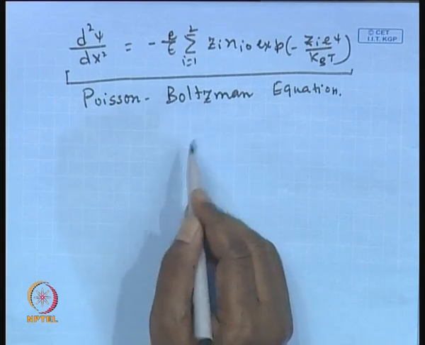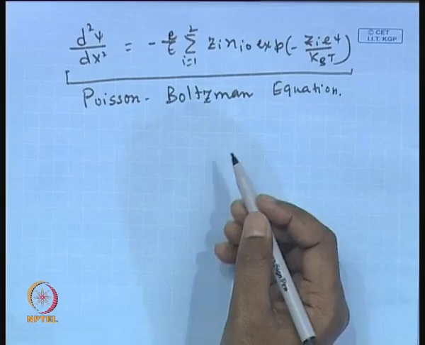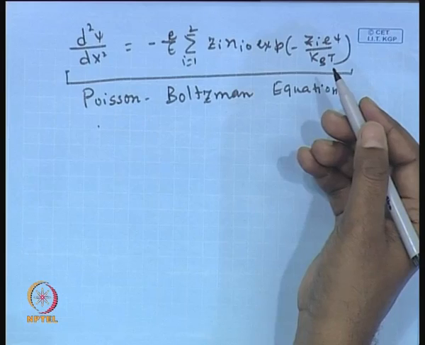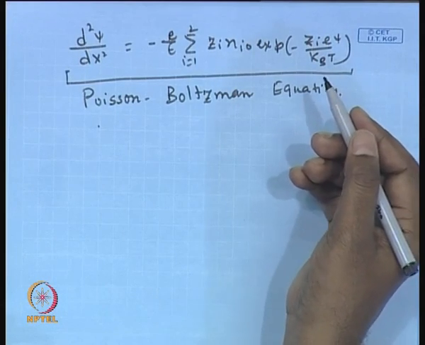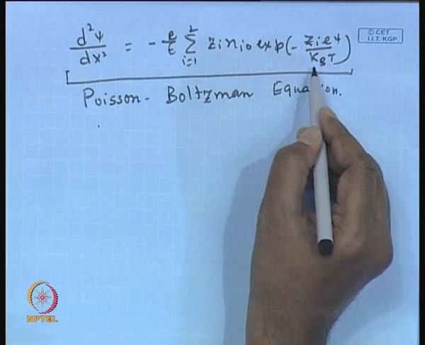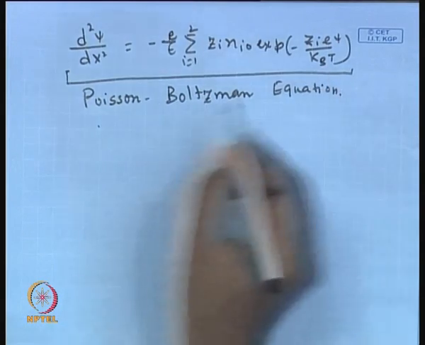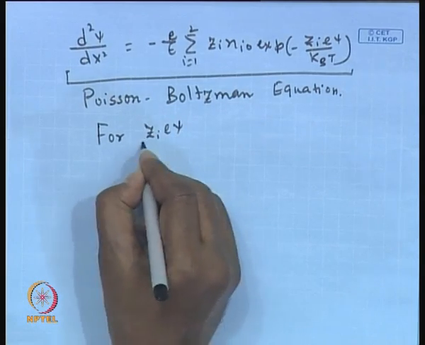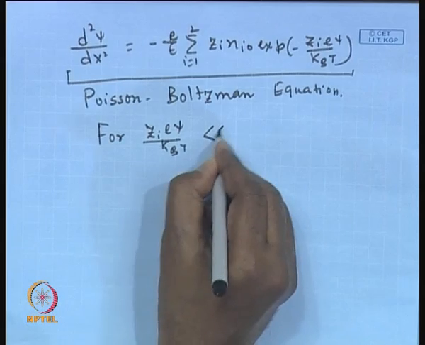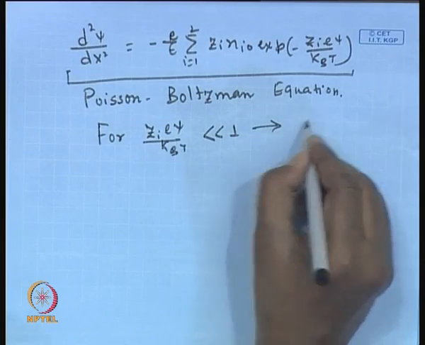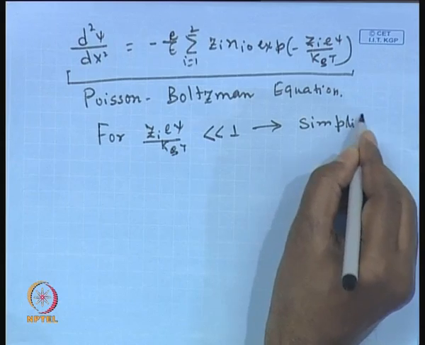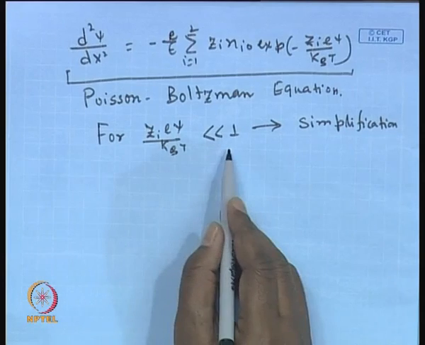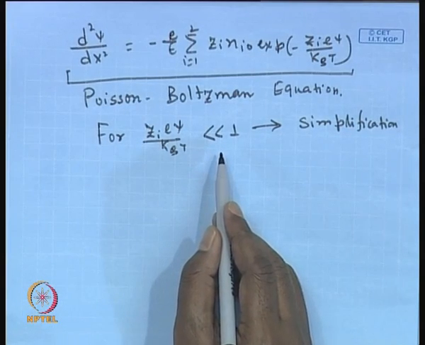Now, there is a simplification of this whole problem if we expand the exponential term. That exponential term can be expanded if the quantity z e psi over k b t is much less than 1. So, for z I e psi over k b t much less than 1, there is a mathematical simplification of this Poisson-Boltzmann equation, and this assumption is known as Debye-Hückel approximation.